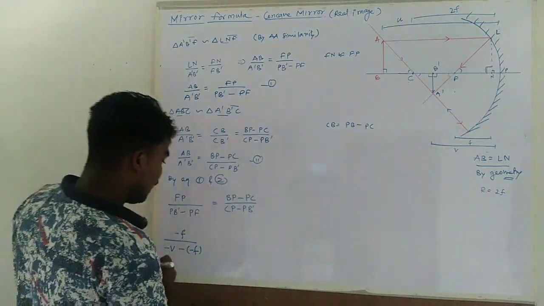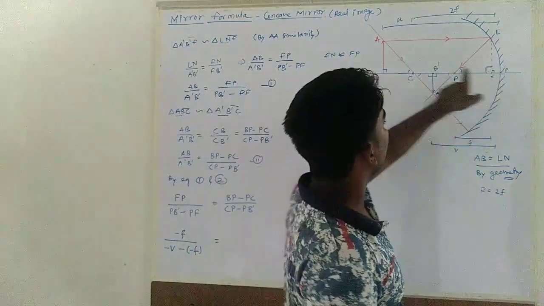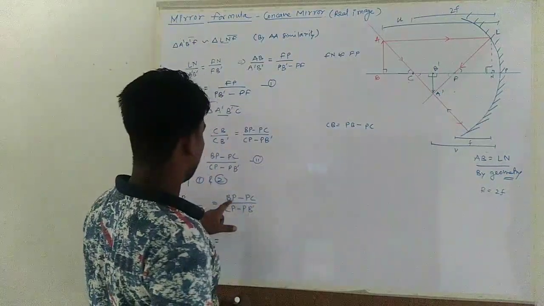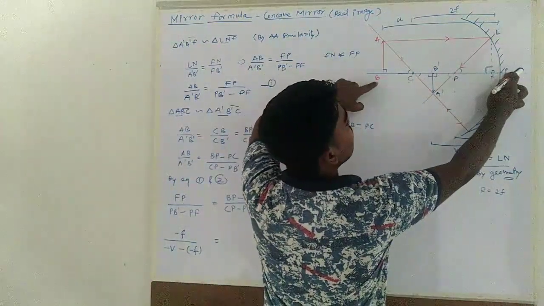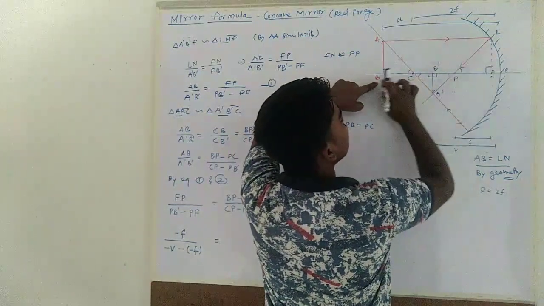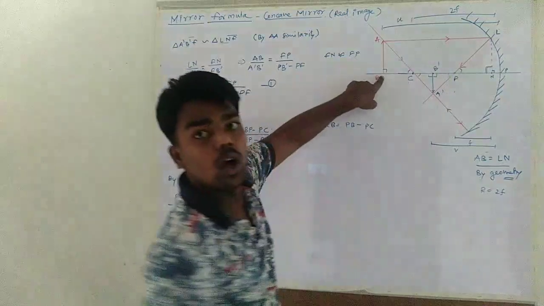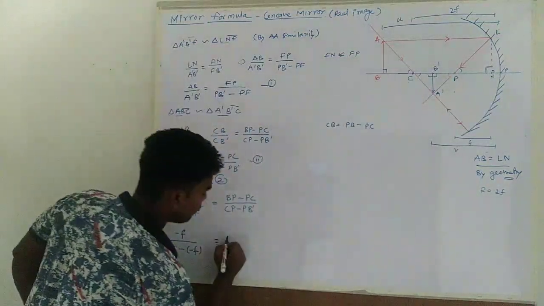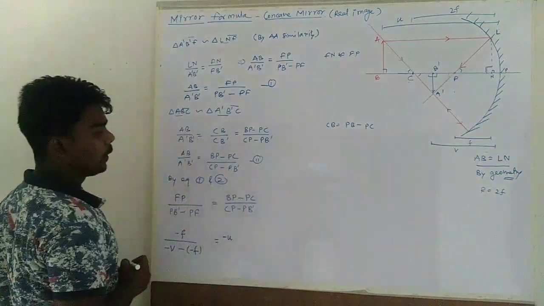Similarly, if we write BP here, this is B and this is P. This distance from the pole to where the object is placed is the object distance. So BP is U, and that is also negative.